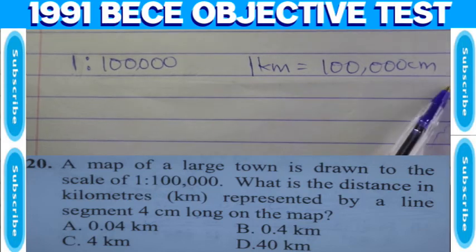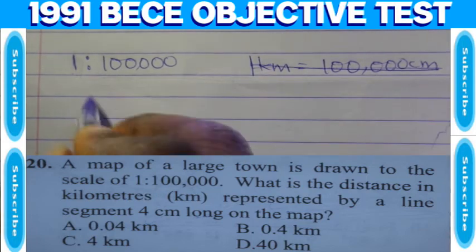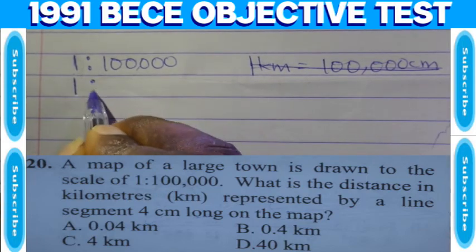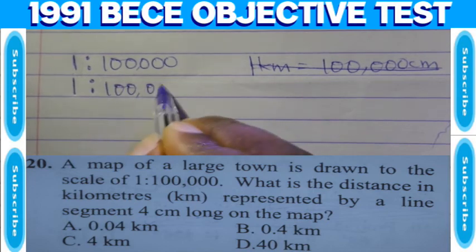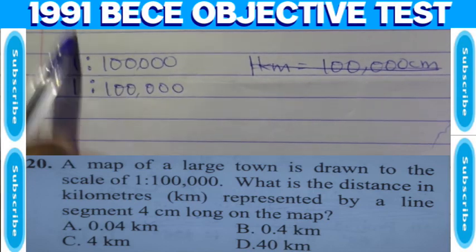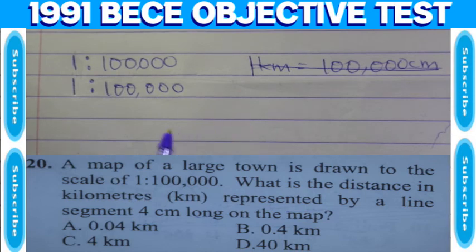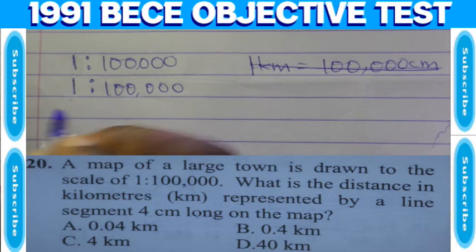So over here, this is the scale of the map. When you take every one, it gives you 100,000. And even the conversion, 1 kilometer is equal to 100,000 centimeters. So if you are given a question such as finding the distance in kilometers represented by the line segment 4 centimeters long, then it means that what distance in kilometers will give us 4 centimeters?